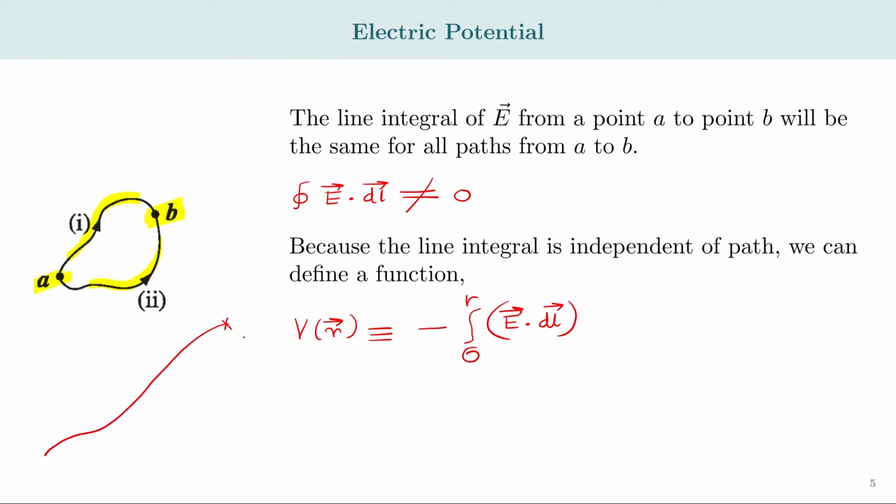Here, O is some standard reference point and we are measuring the function V at point R. And this is called the electric potential.